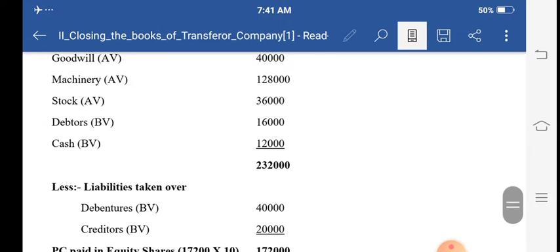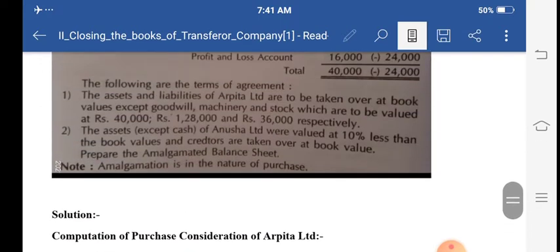Why book value? Because the note says the assets except cash, so avoiding cash, we take the remaining assets at 10% less. Creditors are taken over at book value, so the liabilities we take as they are at book values.